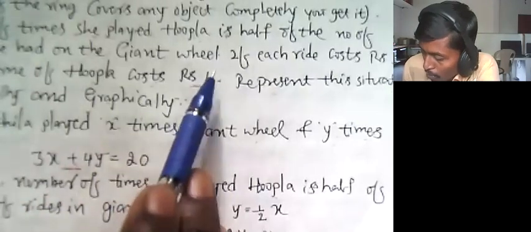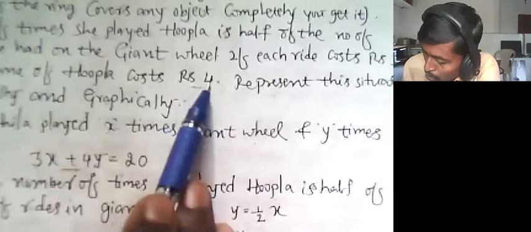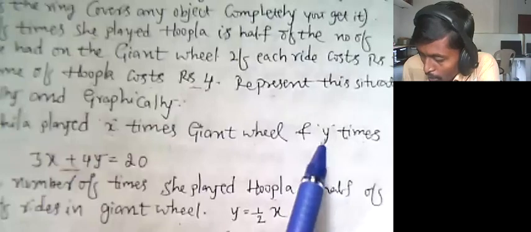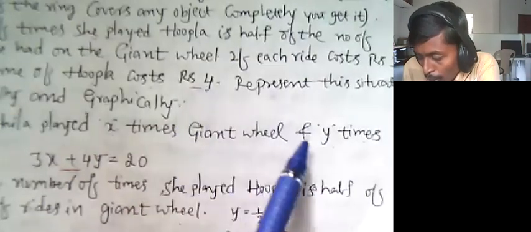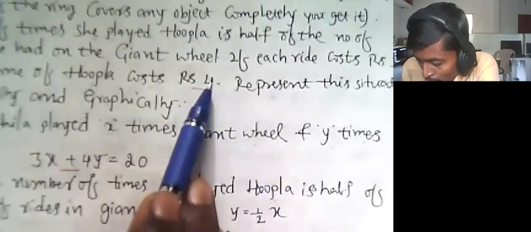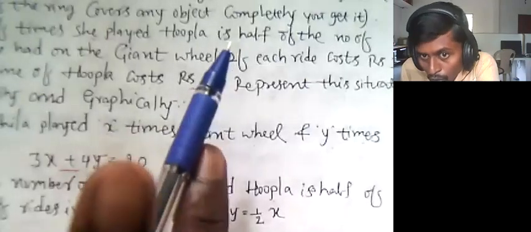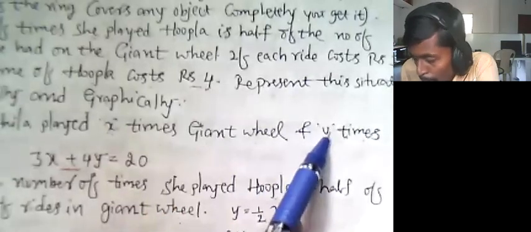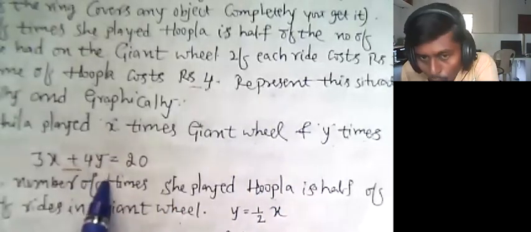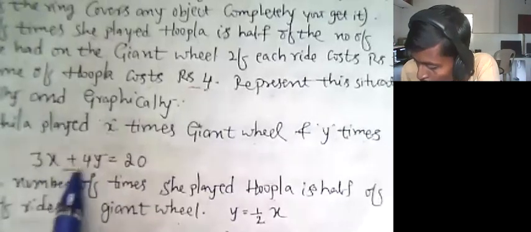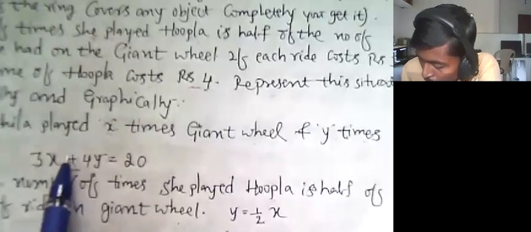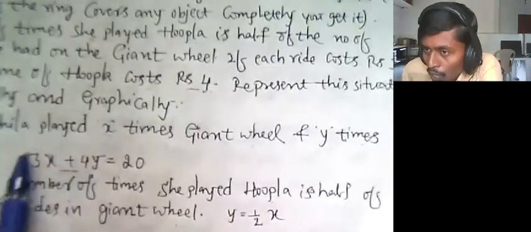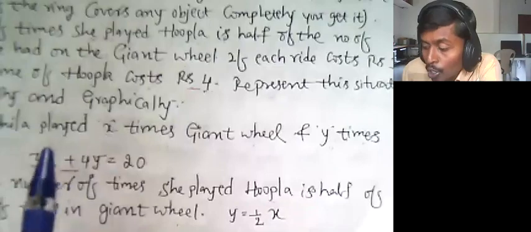She played how many times? Y times. Therefore the total cost to play hoopla is the cost of one time into the number of times played, which is 4y. Here 3x plus 4y. I am taking plus because I want to get the total cost.